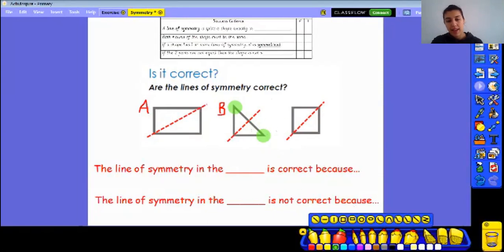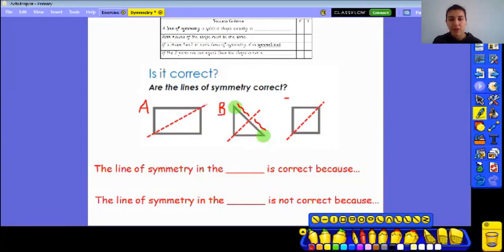Would we say that they are equally spaced here from that line of symmetry? I would. So I would say it is correct because the opposite vertices are the same distance away from the line of symmetry. So that means if I were to fold them over, they would match exactly.